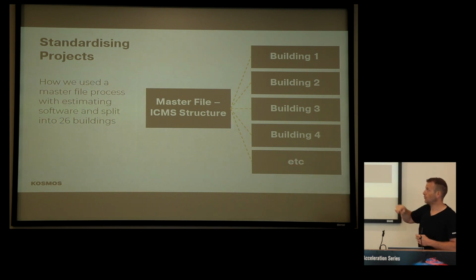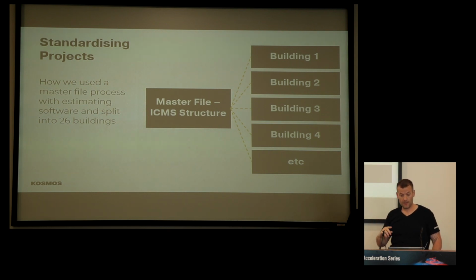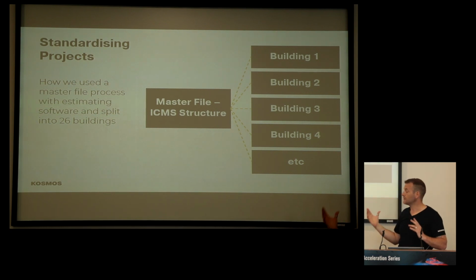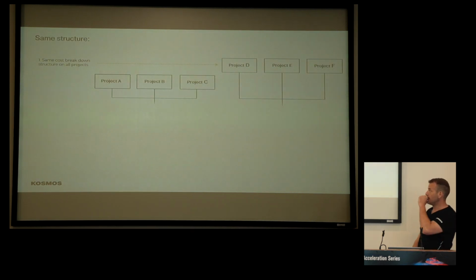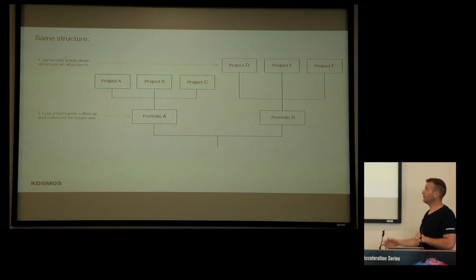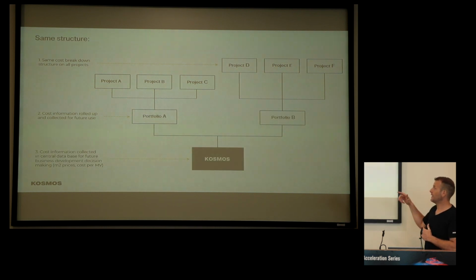That allows us to work with multi-buildings, multi-models, multi-levels of information. It's massive. But ICMS allows us to standardize that process, and if we can standardize, we can also speed up our process and become much more efficient. But having a structure in place also allows us to collect that data and to analyze that data.